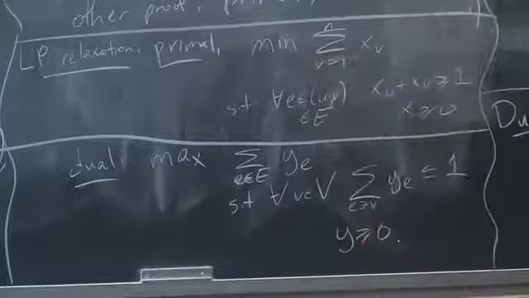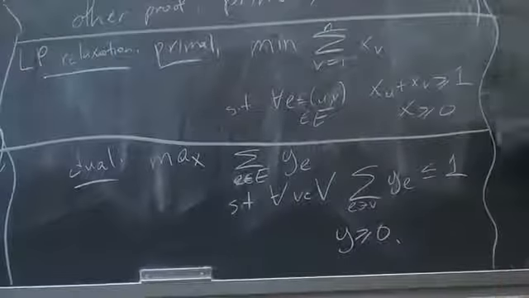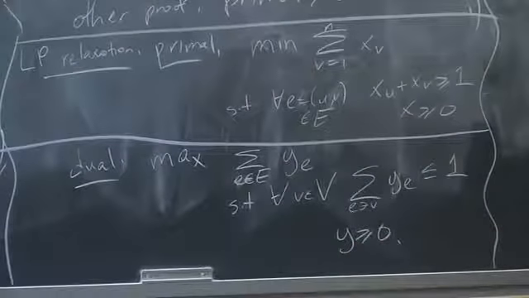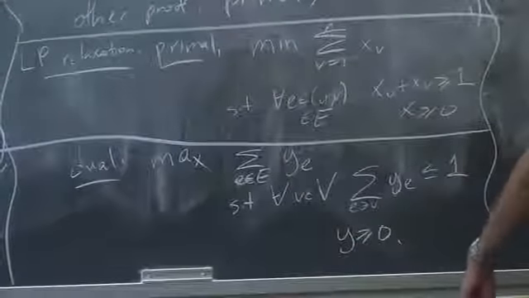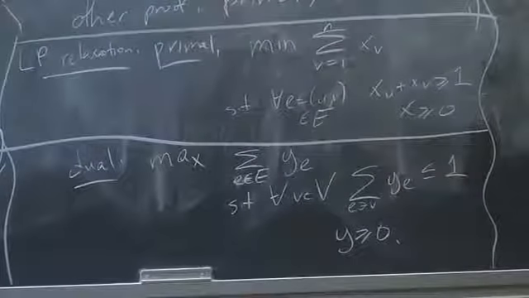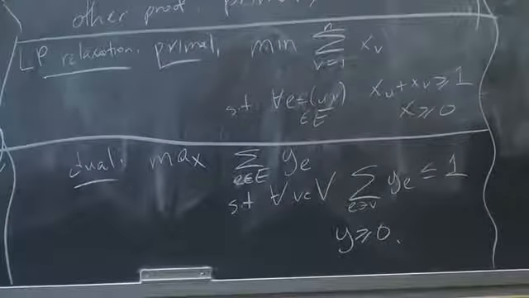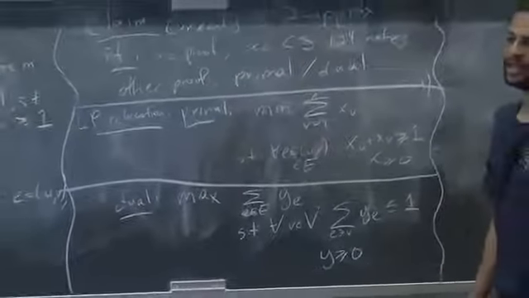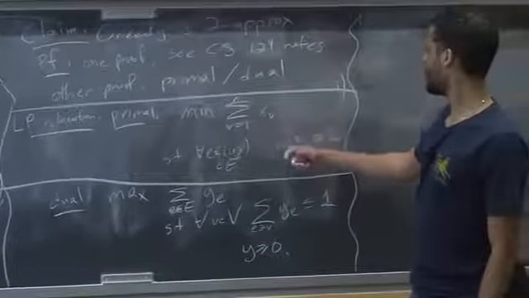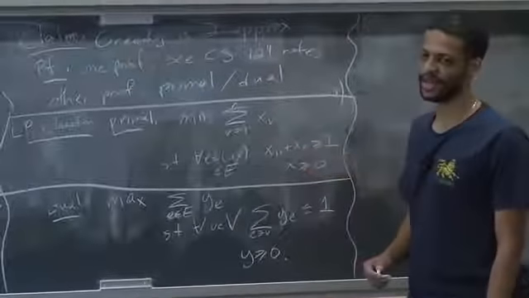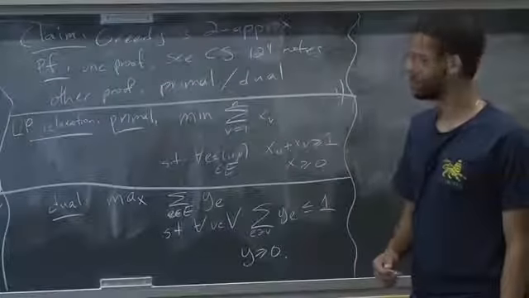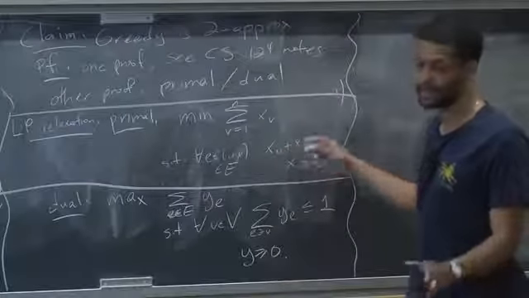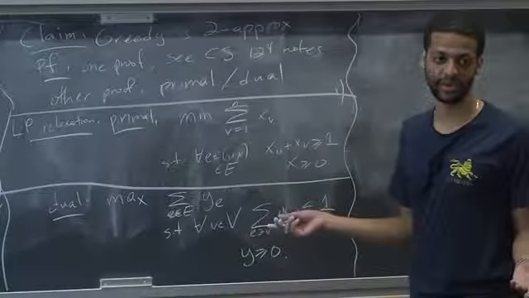Another way besides greedy: the nice thing about the greedy algorithm is that it's pretty fast. You don't have to actually solve any linear programs. If you're willing to solve linear programs, which is slower, you could just solve this primal, and you get some fractional solutions for the x_u's. Now I need to get an integral solution, to choose which vertices to actually pick.